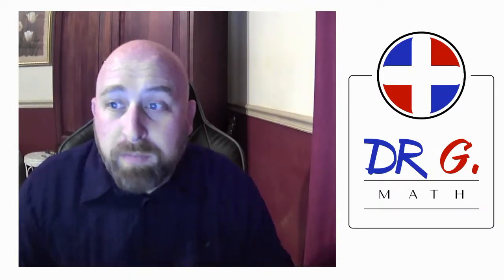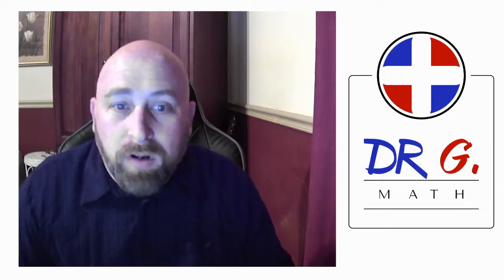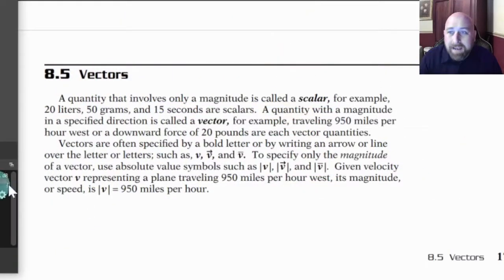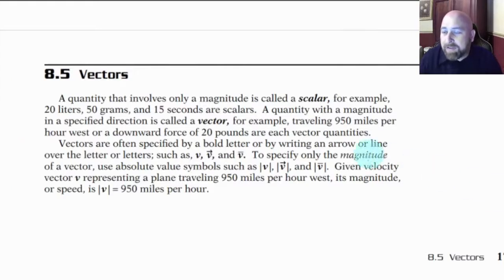So jump over to your book. We are on page 171 talking about vectors. What is a vector? Well, a vector is really a specified direction that something is going with a magnitude, or with a speed, with a weight, like with a measurement with it.